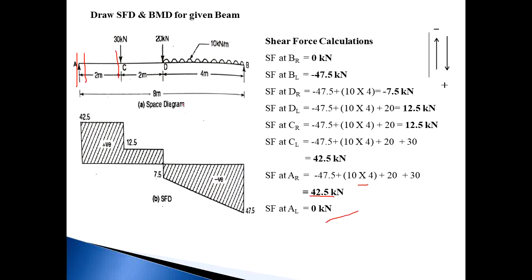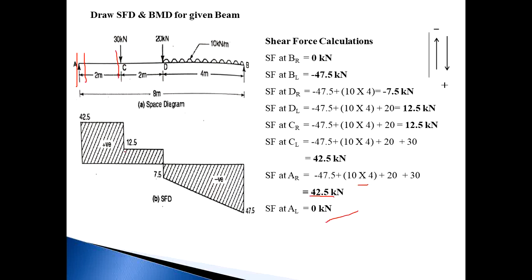Now see, in between A to C, there is no load. So the shear force line or diagram is a horizontal straight line. At point C, there is a point load. So the shear force changes vertically. Then next, once again C to D, there is no load.